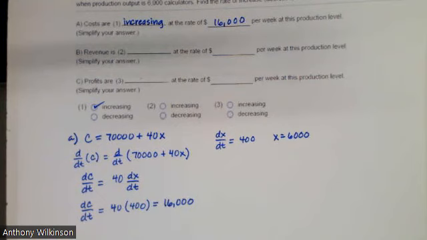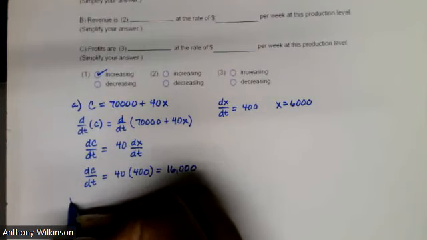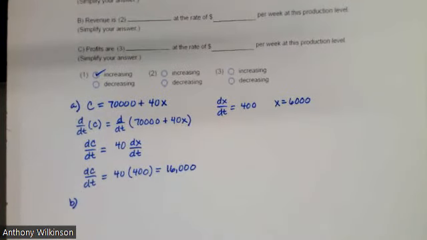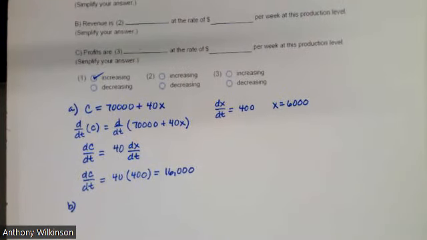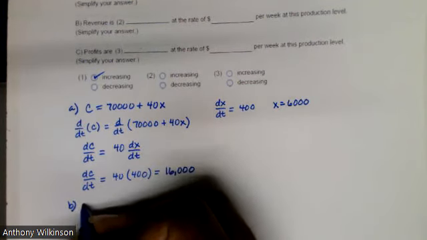So that's part A. Now on to part B. Here we're going to find the revenue, whether it's increasing or decreasing at a rate of how many dollars per week at this production level. Well, your revenue function was this.